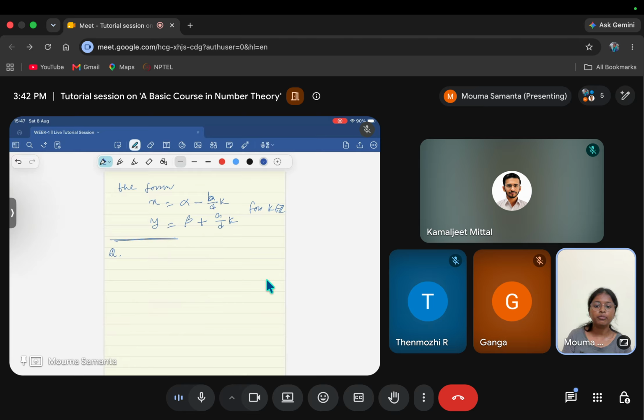So do you remember what was the definition of a composite number?